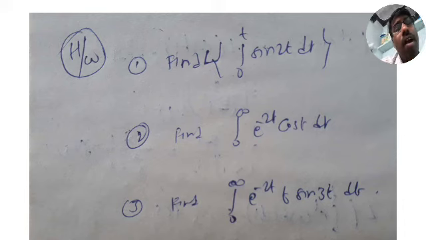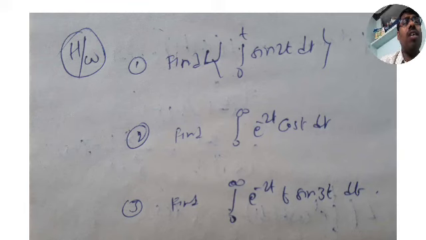The third problem is to find integration 0 to infinity e power of minus 2t into t sine 3t. Here it is L of t sine 3t. How to find L of t sine 3t? Multiplication by t means minus of the derivative of L of sine 3t. That is minus of d by ds of 3 by s square plus 9.